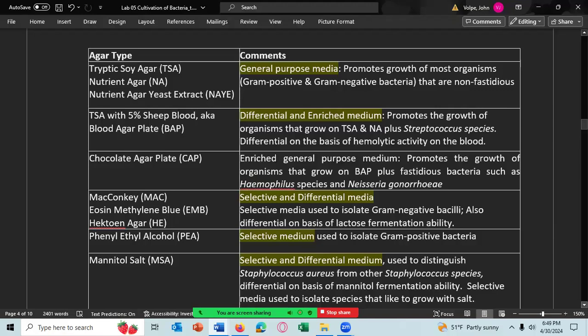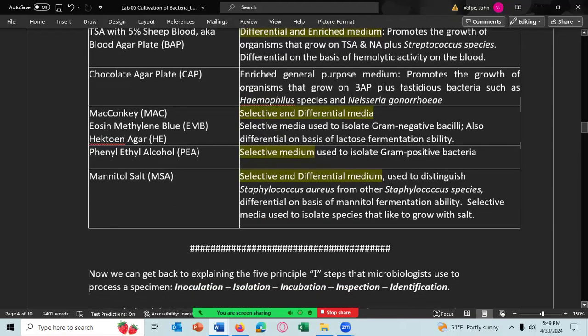All right. Then we have McConkey's, EMB and HE. These are all selective media, selective for gram-negative cells, and they're differential media. They allow the differentiation between lactose fermenting bacteria and non-lactose fermenting bacteria.